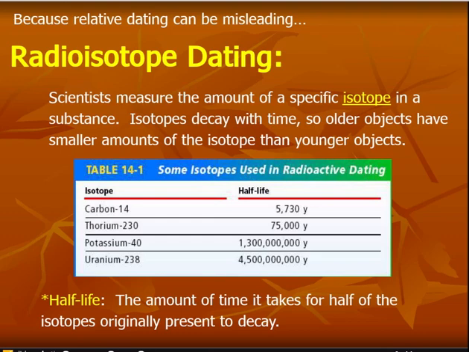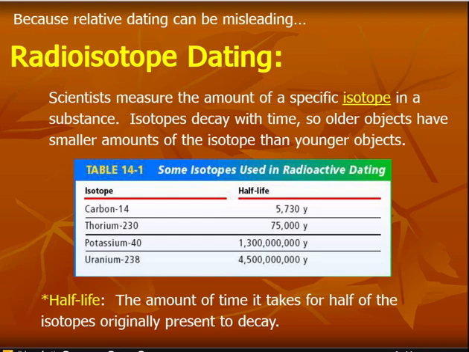So for example, let's say a woolly mammoth was alive, we'll say 10,000 years ago. At the time that it was alive, you would expect it to have 100% of its carbon-14 molecules, and I'll use this data table. After it's been dead for 5,730 years, you would expect it to only have half its predicted amount. So that's what the half-life is. After 5,730 years, 50% of that carbon-14 has gone away.